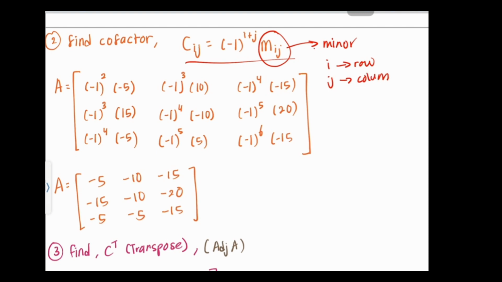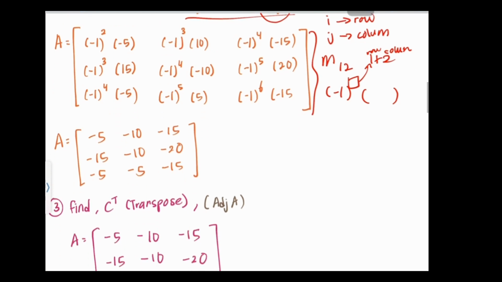So for instance, for M12, the power here will be 1 plus 2, row and column. As simple as that. And then you multiply with the minor that we already found earlier. So you can state it all like this, and then use your calculator and you find your cofactor.